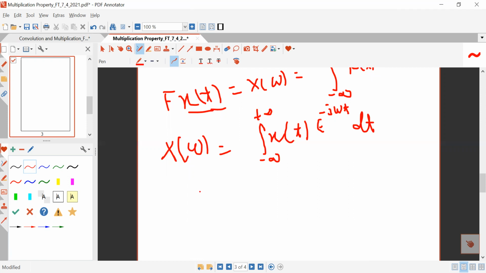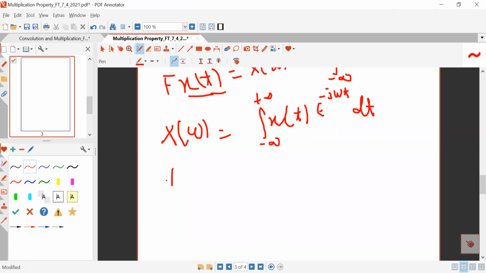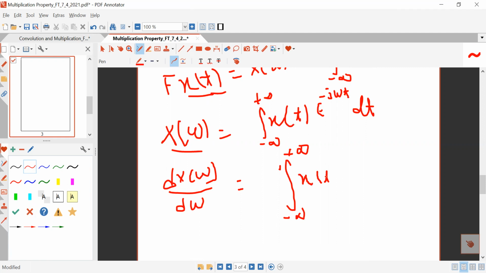Now what will happen if you differentiate X(omega) with respect to omega? Here x(t) will be constant because you are differentiating with respect to omega.